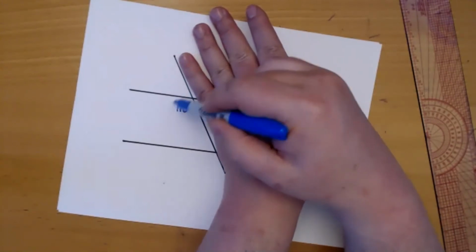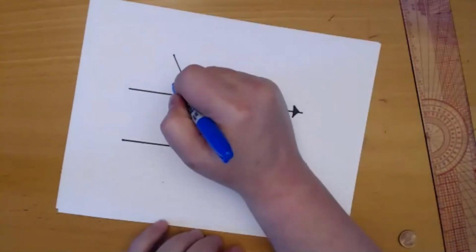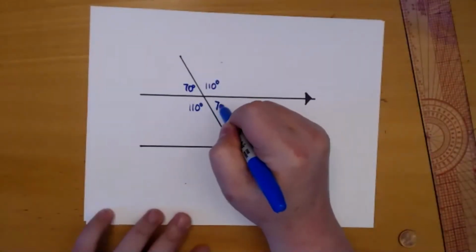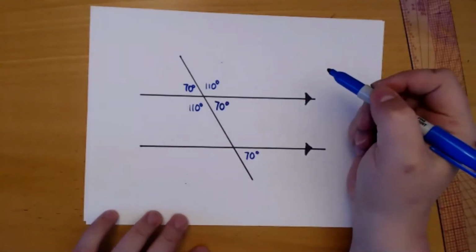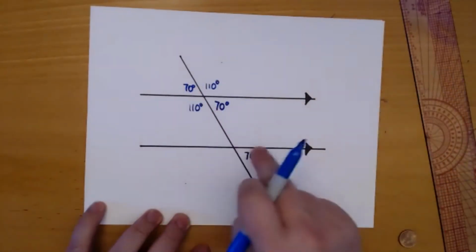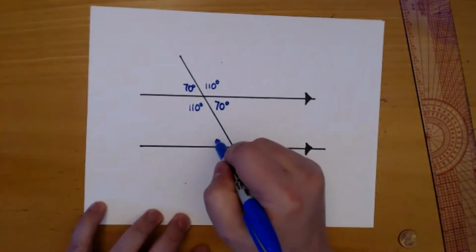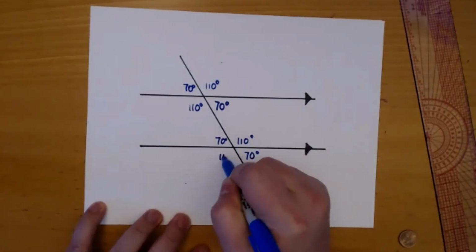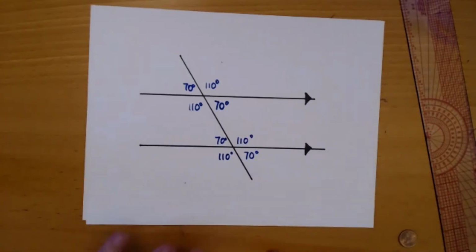So we subtract from 180 and get 70. And then this is 70 also. And all of these are the same as all of these. So this is 70 and 110 and 110 and 70. That's all of it. So as soon as you have one of the angles, you can fill in everything else.